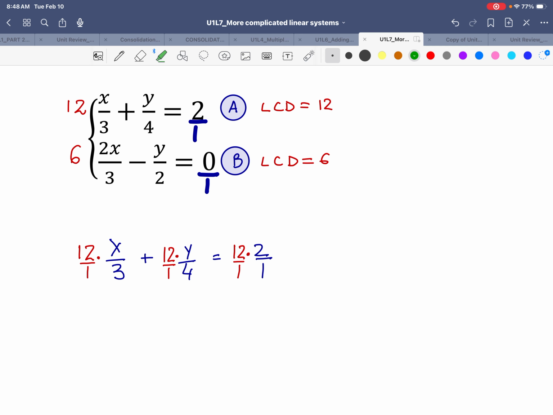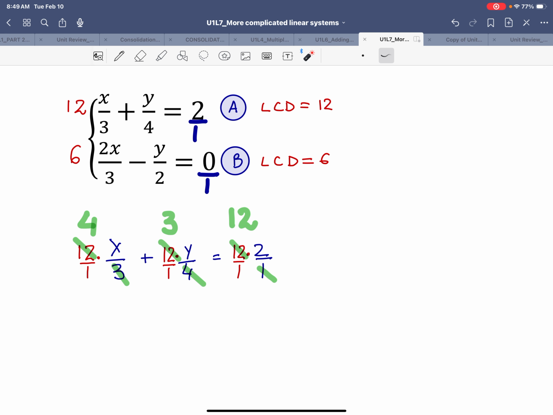So 12 and 3 will divide to give 4. 12 and 4 will divide to give 3. And 12 and 1 divide to give 12. And this is how we, and I don't know, this term is a little bit harsh, but we're going to say this is how we would kill the denominators or eliminate the denominators.